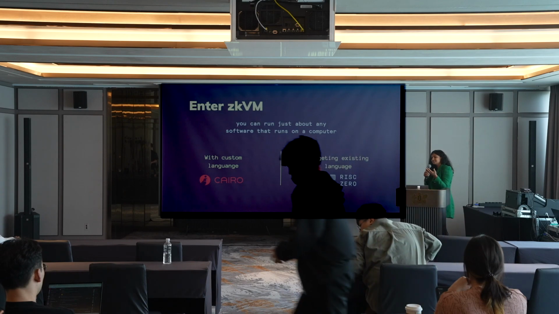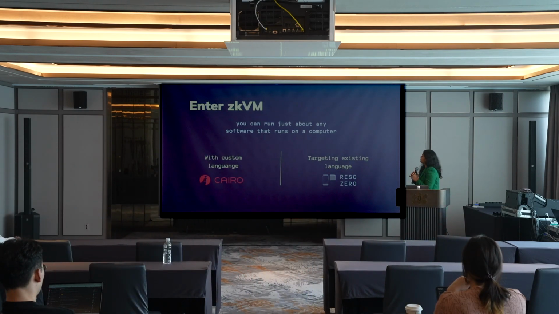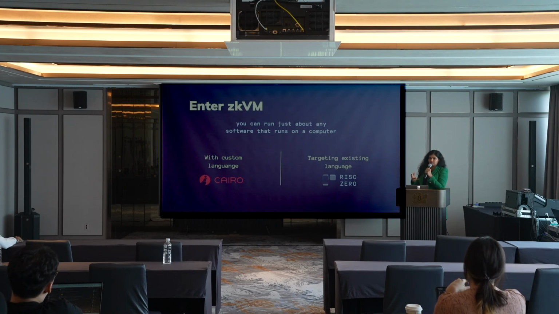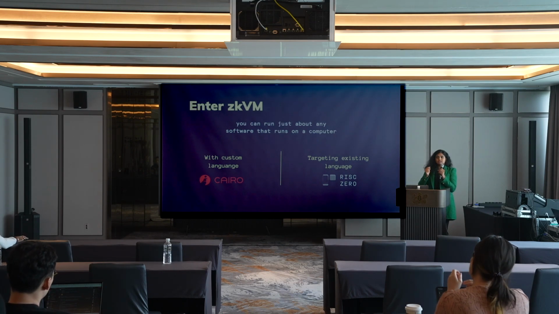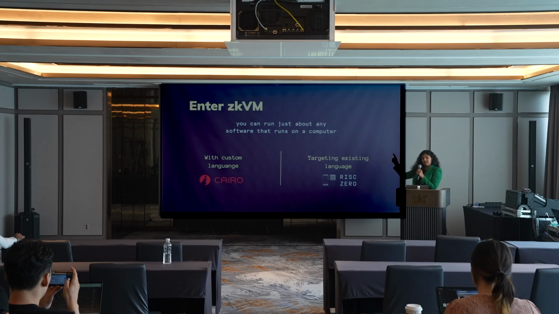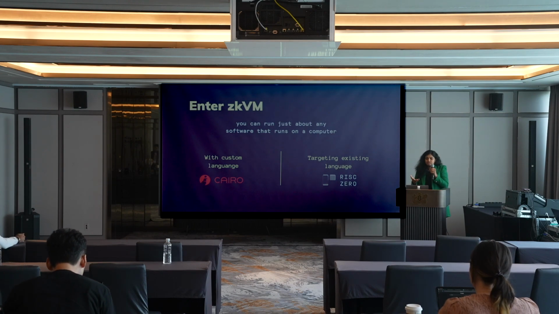This is where zkVM, or zero-knowledge virtual machines, come into play. And when I say zkVM, I mean general purpose. So when we talk about zkEVM, you drop the E. zkEVM is, again, like I said, EVM compatible, specifically designed to run smart contracts or things that can be run in an EVM context, versus zkVM is a virtual machine that allows you to run software that can be run on your computer.